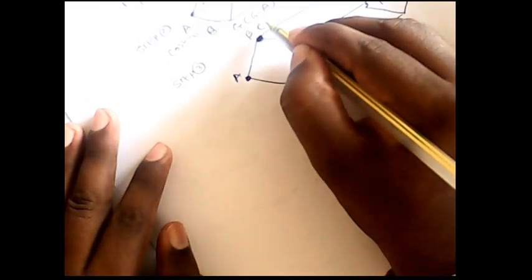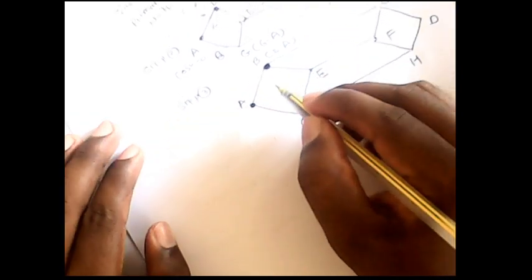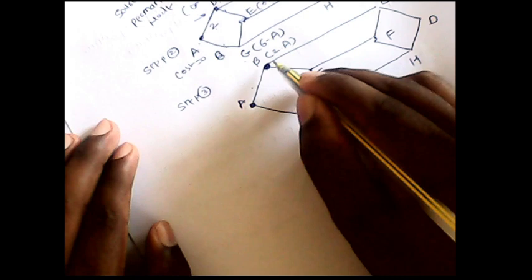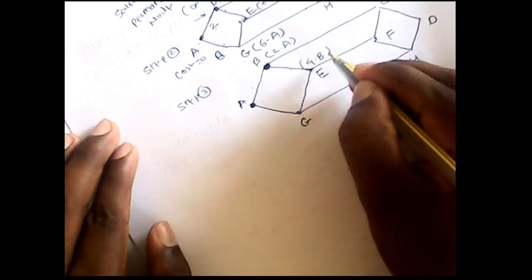The cost from B to C is 2, but we can find the path from A to D. So 2 and here 2, there is a 4 plus B, and the new working node will be here. And the cost from B to C is 9B.